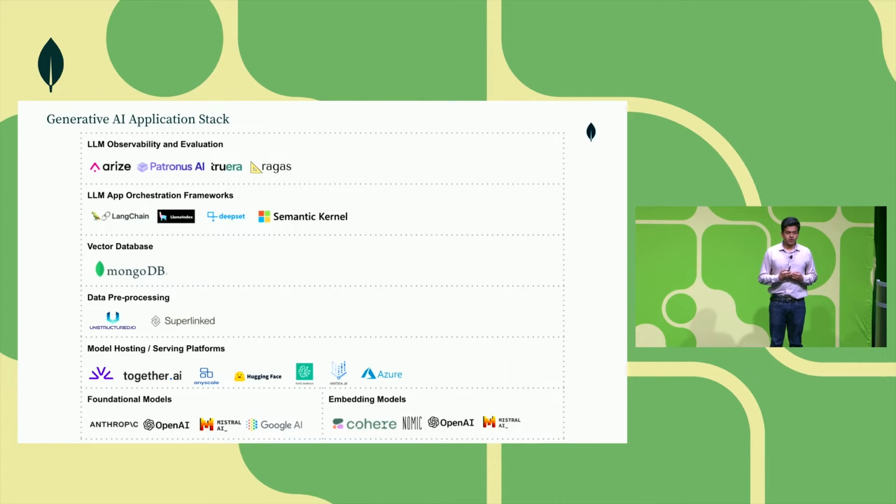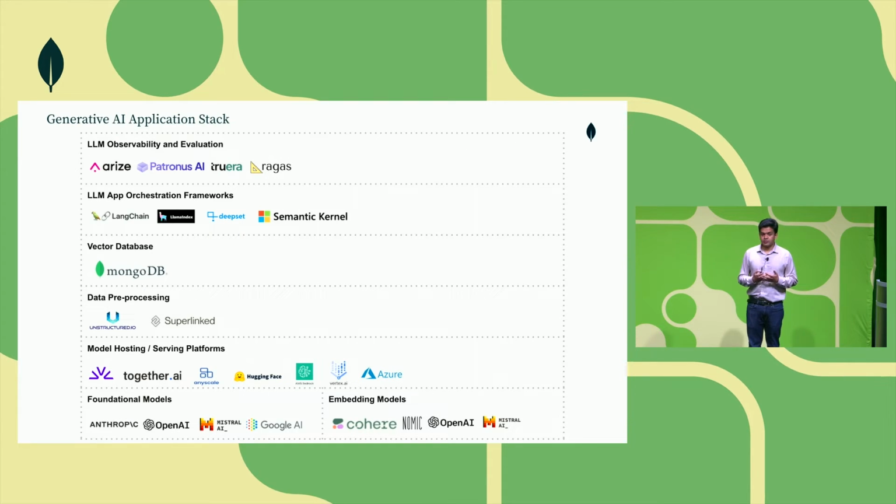Model hosting platforms are seeing rapid innovation. There are a lot of considerations that go into it, so there is a big list of companies that we partner with to make your journeys faster, followed by data pre-processing. We'll talk about what companies like Unstructured and Superlinked are doing and how they're integrated with MongoDB.